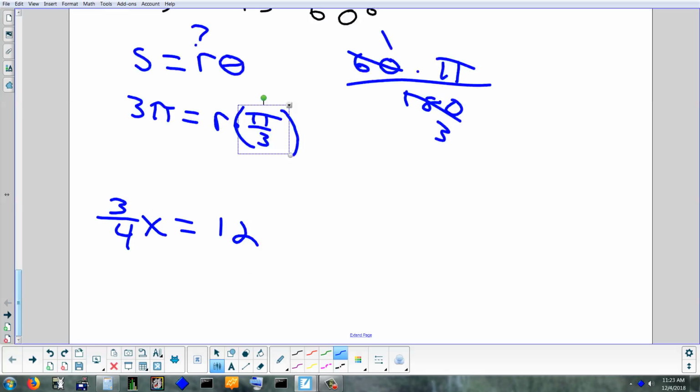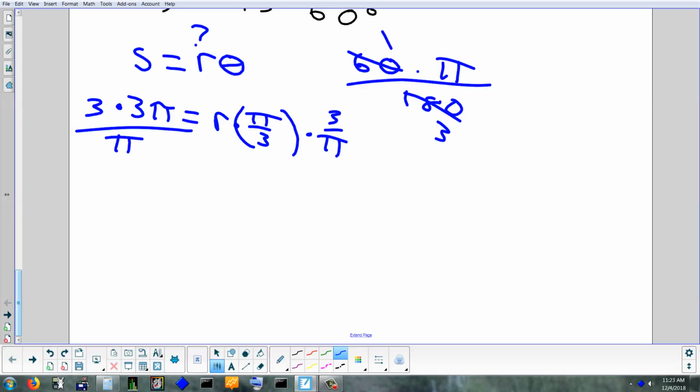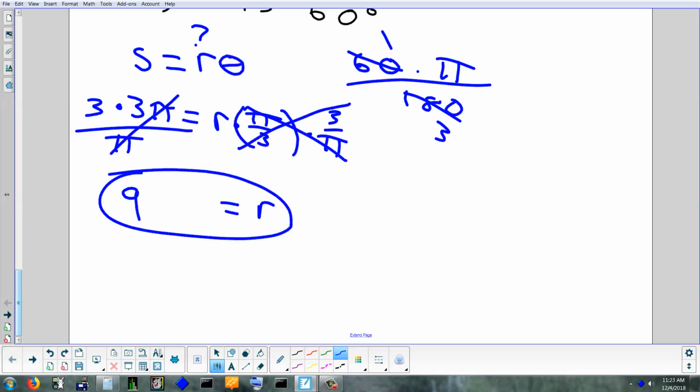Michael, what's the reciprocal of pi over 3? 3 over pi. Pi's cancel, 3's cancel, r is by itself on the right. Emily, what cancels on the left? The pi's. And I'm just left with 3 times 3, which is 9.